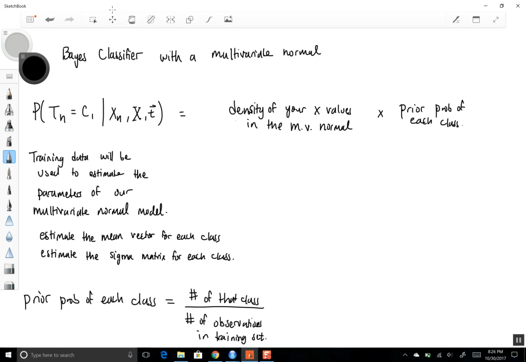So you do this, and this is going to be your numerator for each class. And then the denominator is going to be the sum of all numerators. You find the numerator for every class we're interested in, and the denominator is the sum across all the numerators, because that's the total probability of getting the data you observed.